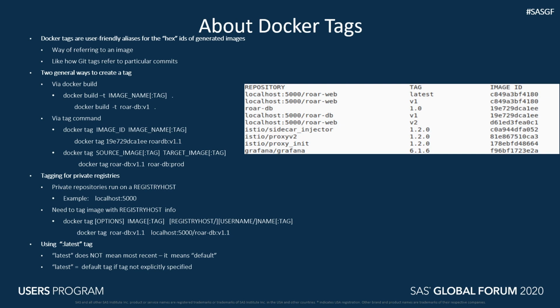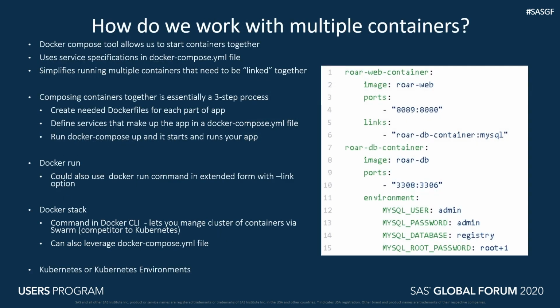The best thing to do is probably avoid using latest and always use explicit tags and versions when we tag something, because latest can get out of date very quickly. The latest tag applies to whatever version it was on at the point in time that image was created. So the trick is to avoid it and use meaningful tags instead.